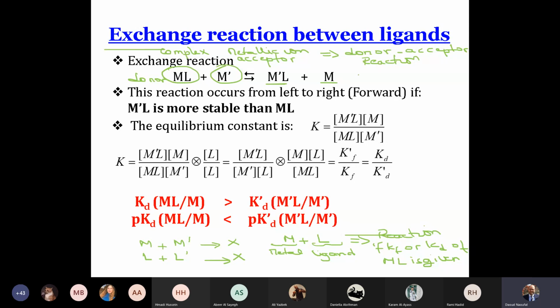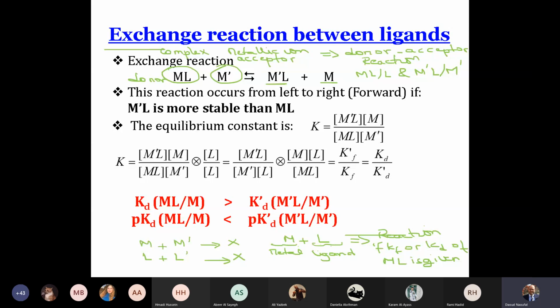So what are the couples involved? The couples involved are ML, L, and M prime L, M prime. Pay attention that this reaction is different from the below reaction.